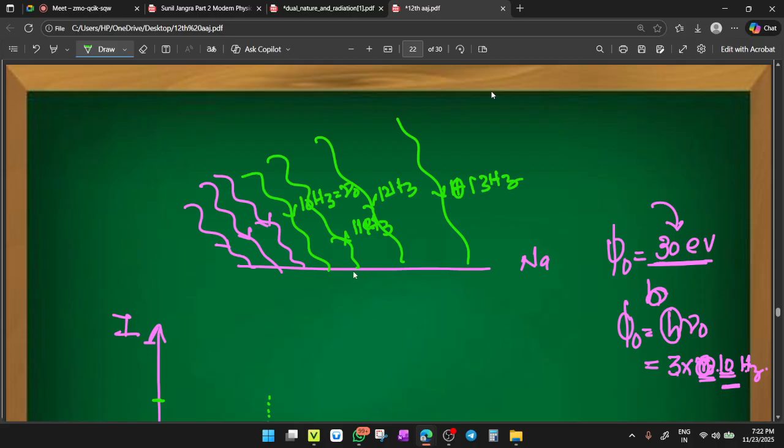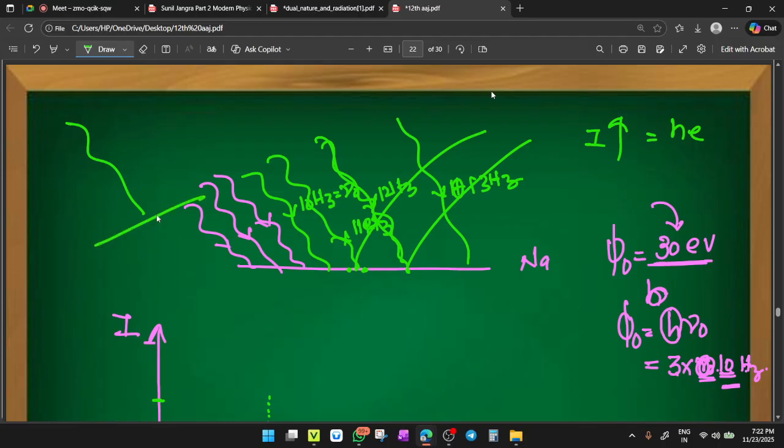No, no way. Because if you increase the frequency, this radiation cannot eject two electrons. It can only eject one electron. And current increases when there are more electrons. So one radiation of sufficient frequency can eject only one electron.